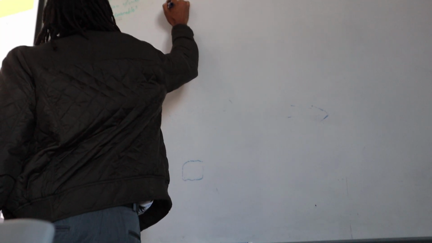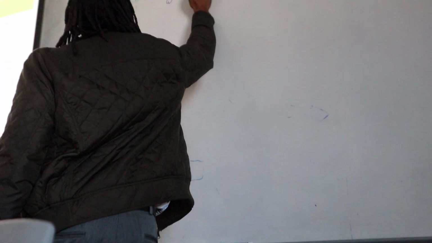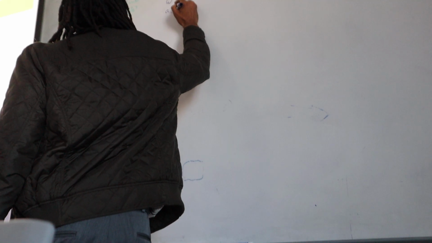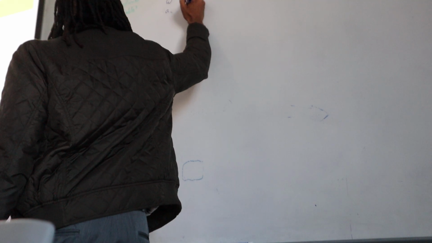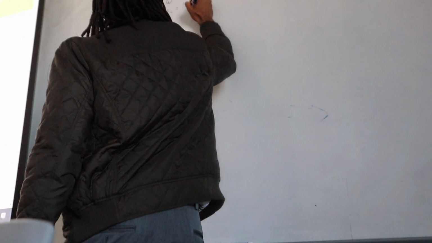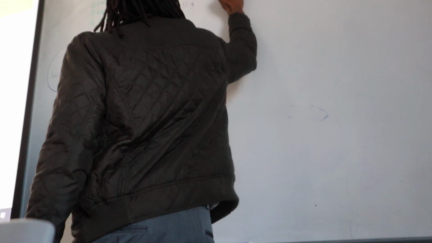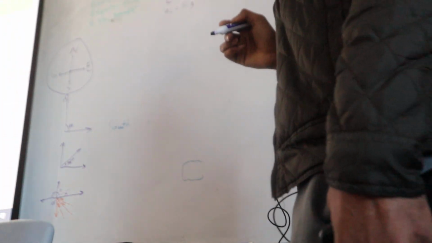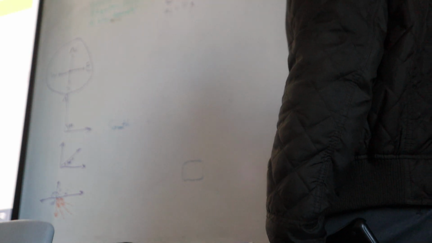So if the centripetal acceleration is 10 times 10g, which, yes, exactly, 10 times 9.8. Is that kind of hard to see right there? Kind of small. Is that a C underneath? Yes, centripetal acceleration.